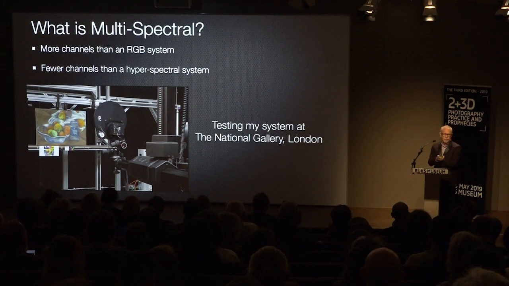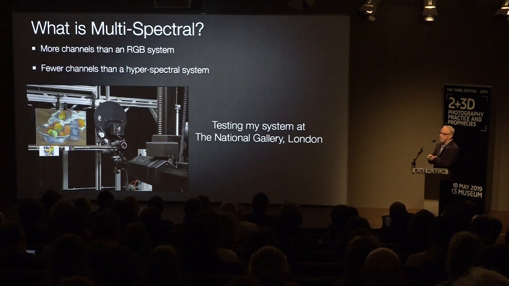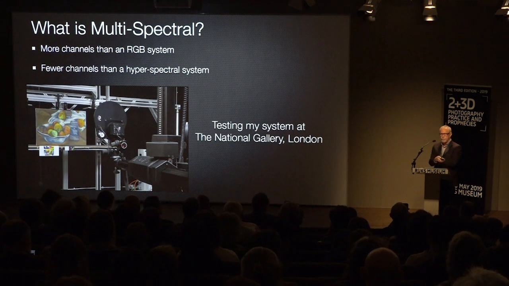So you could have thousands of wavelengths in a hyperspectral camera, and that's going to give you an awful lot of information, versus 3, which is going to give you good color information, but nothing else. So if you're looking for more data to give you conservation information, RGB is insufficient.